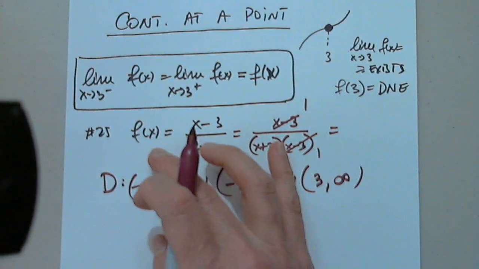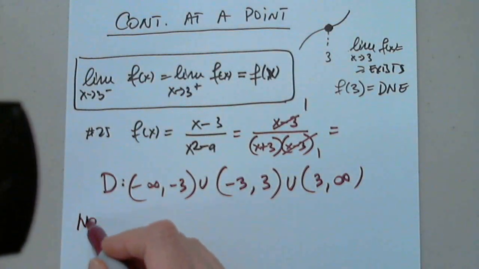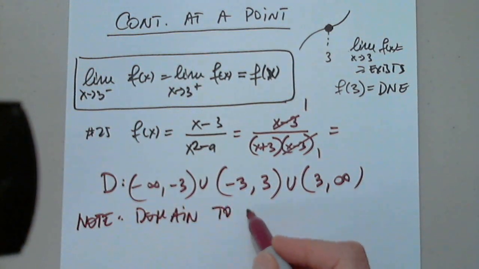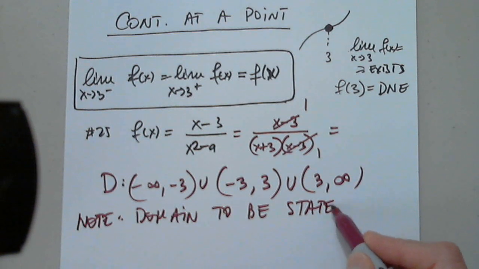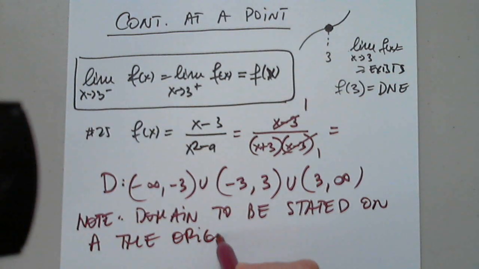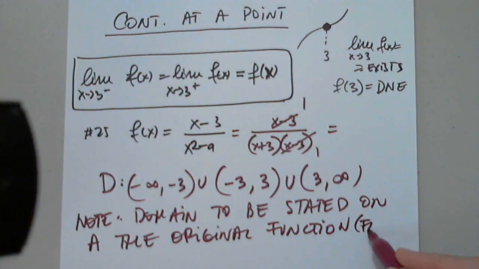Now I'm allowed to simplify, but I have to write 1. If you don't write 1, I've seen it as 0 over x plus 3. That would be a terrible mistake. So what is the simplified form of this function after we state the domain? Note, the domain is to be stated or determined on the original function. It's okay if it's factored, but not simplified.